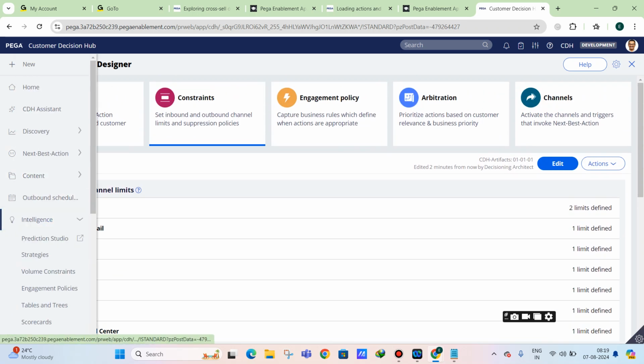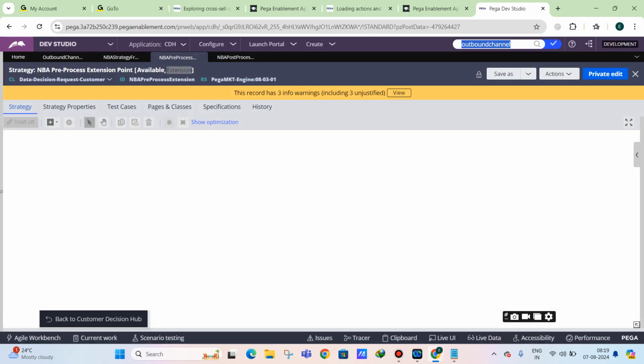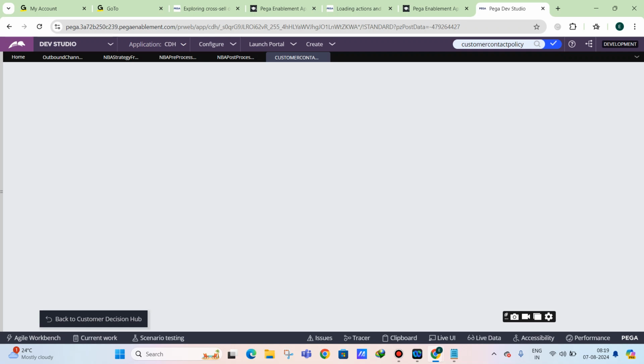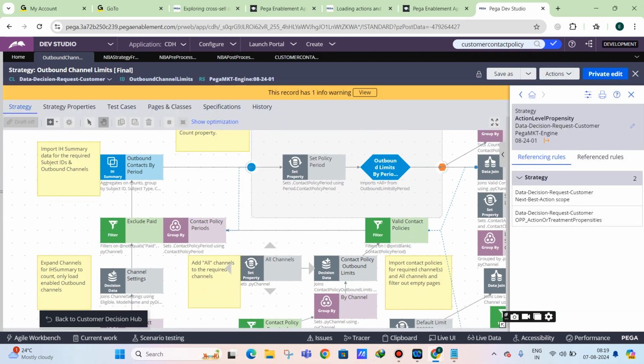For contact policy, we have the backend rule called customer contact policy. This is the contact policy. Whenever you update the contact policy on the UI, this rule will get updated in the backend. What I have shown here is actually the suppression rules.